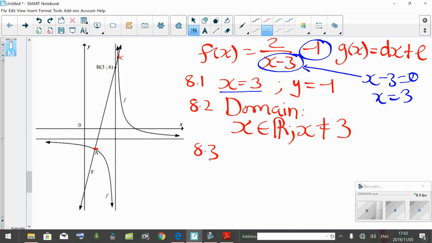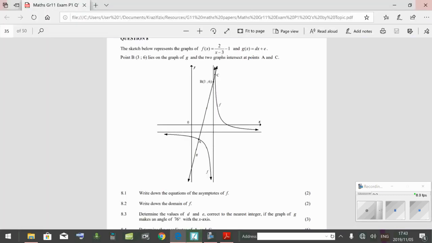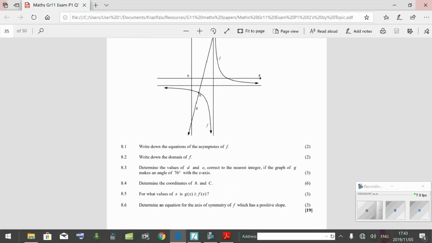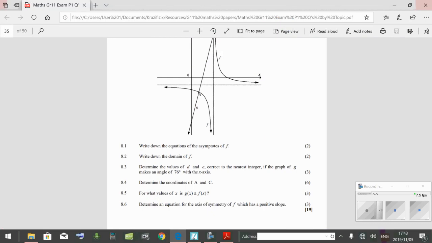Right, next question. Determine the values of d and e correct to the nearest integer if the graph of g makes an angle of 76 degrees with the x-axis.